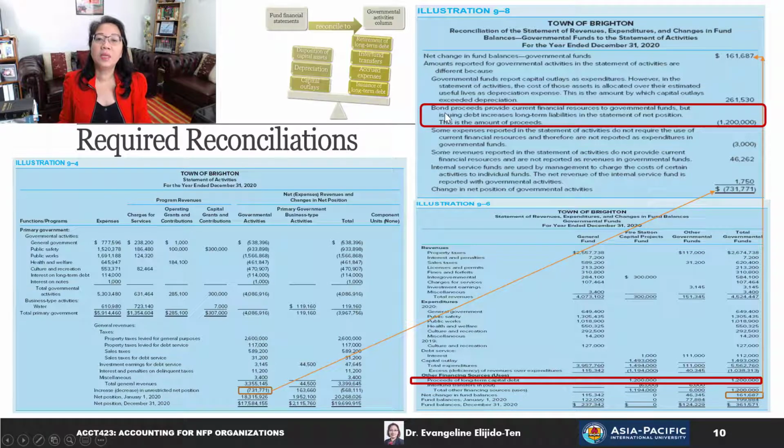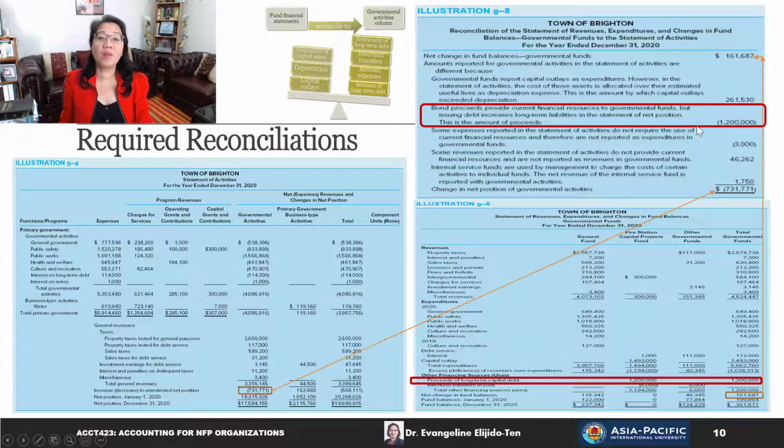All right. Let's go to the bond proceeds. Bond proceeds provide current financial resources to governmental funds, but issuing debt increases long-term liabilities in the statement of net position.